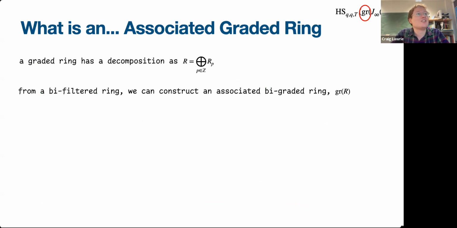And that brings us to the next symbol we want to learn, which is this gr that appears in the Hilbert series up here. Any graded ring, by definition, has a decomposition into a sum over subparts. Okay, and it's just a fact, which I will hopefully show you, that if you start with a bifiltered ring, or an n-filtered ring for arbitrary n, then you can construct what's called the associated graded ring, which is just a graded ring with the same number of gradings.